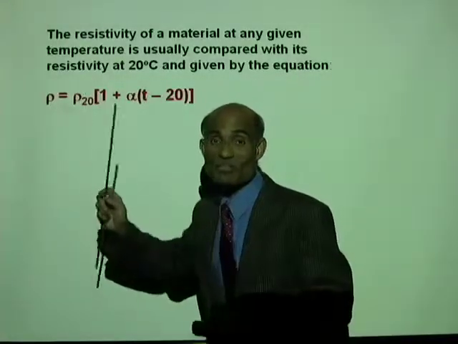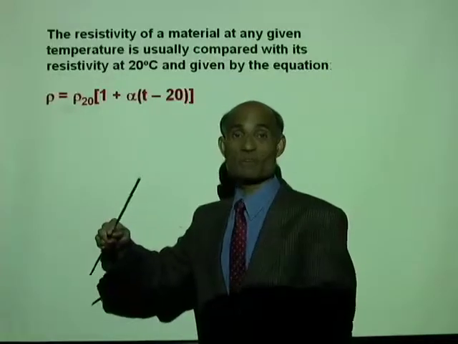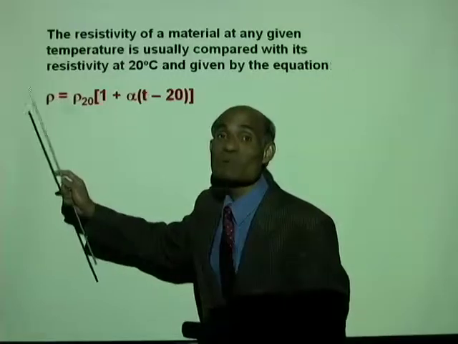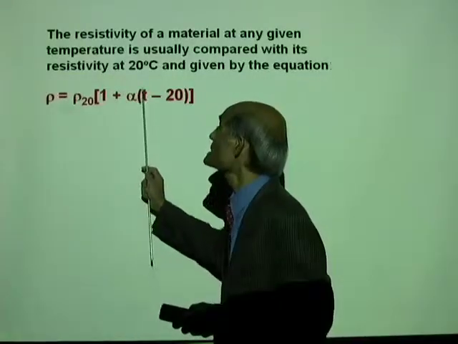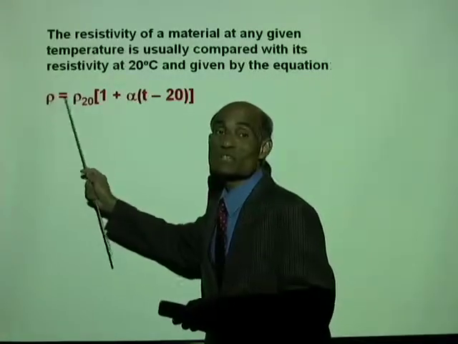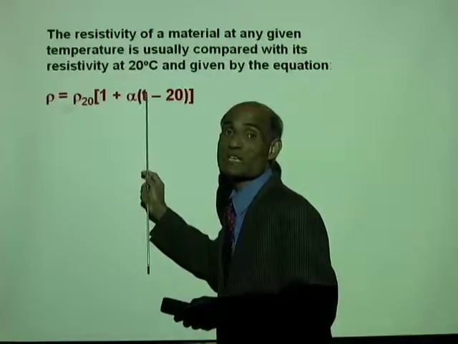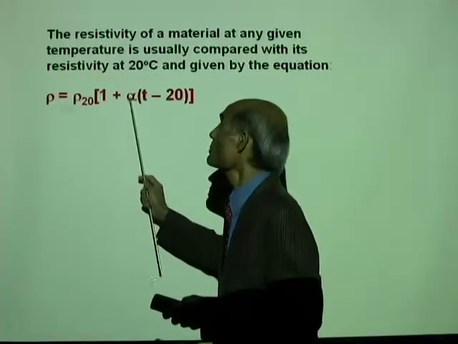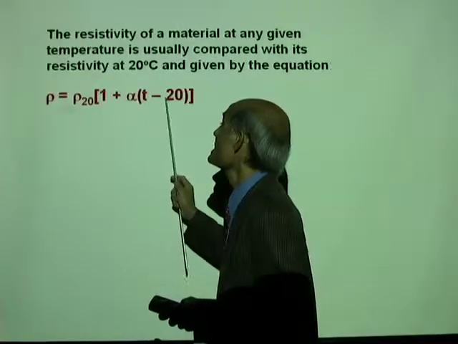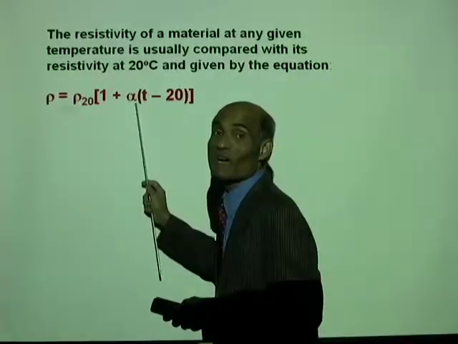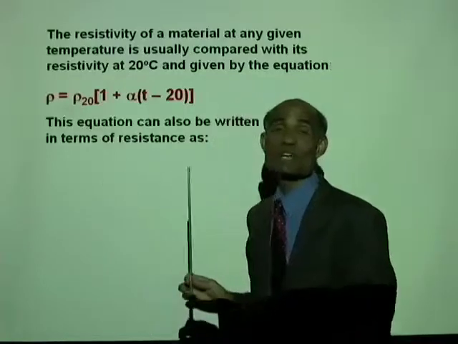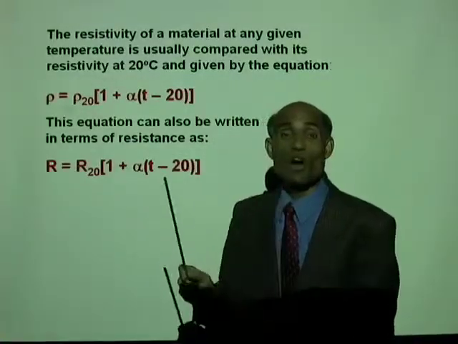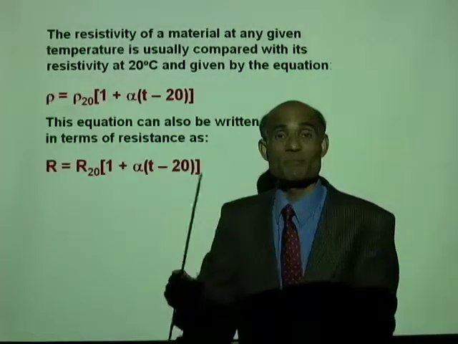Remember, this is the equation for the resistivity of the material. Rho, that means rho at any temperature T, equal to rho 20 times 1 plus alpha (T minus 20), where alpha is a constant called the temperature coefficient of resistivity.